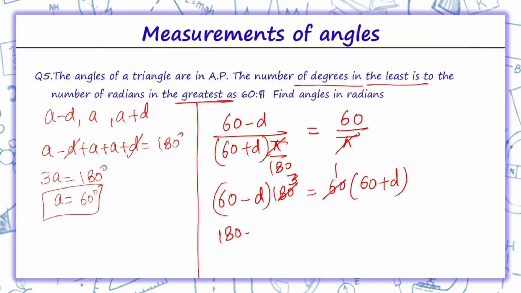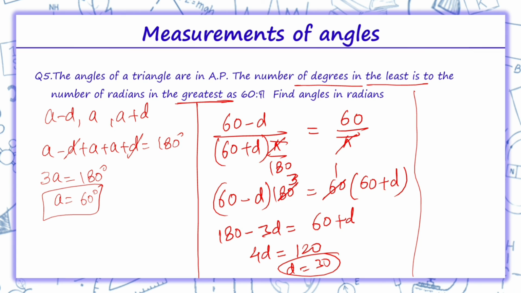We'll get 180 minus 3D is equal to 60 plus D. Thus 4D is equal to 120. So D will be 30 degree. So the measurements of angles are 60 minus 30, which is 30 degree, then 60 degree, and 60 plus 30, 90 degree. So these are the measurements of angles which are in AP, whose ratio of the number of degrees in the least to the number of radians in the greatest is 60 is to pi.